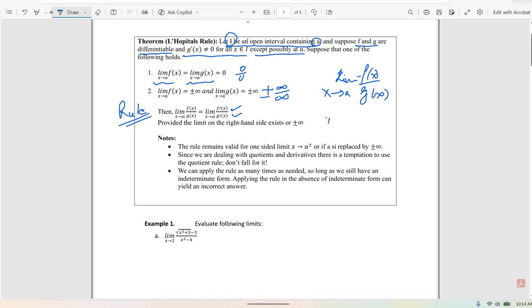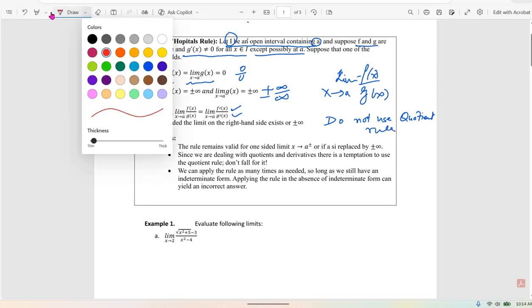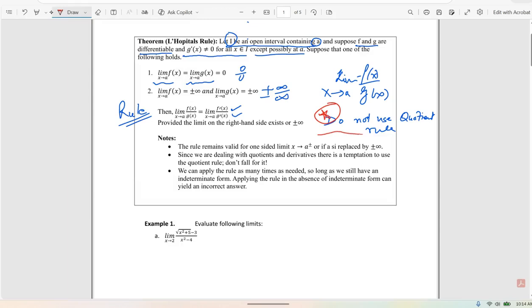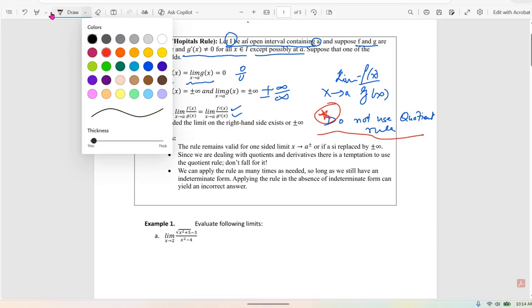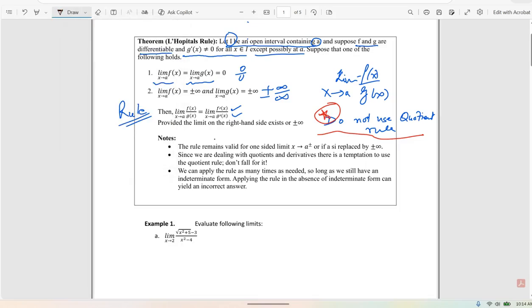Do not use the quotient rule here. I'm pointing it out because a lot of times students do that. It's easier than that actually. So don't confuse yourself and do the difficult thing, and also the wrong thing.